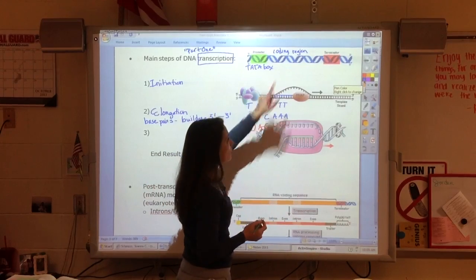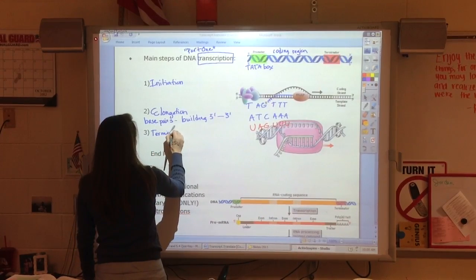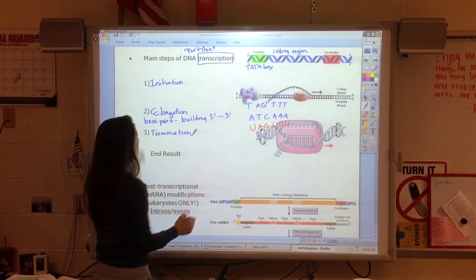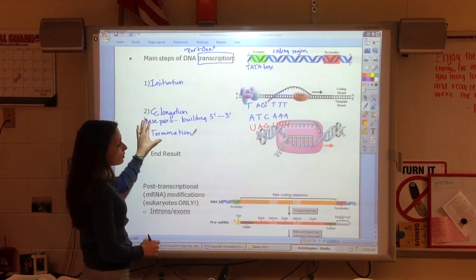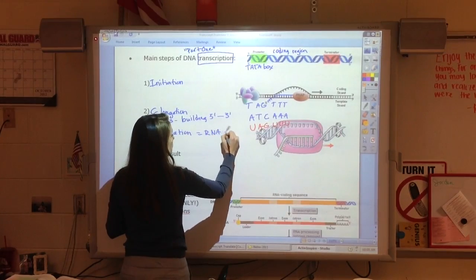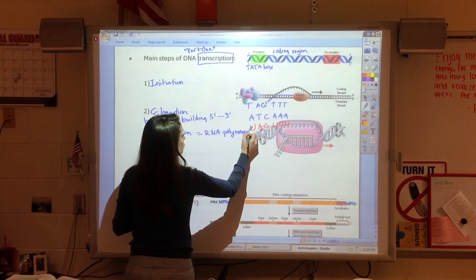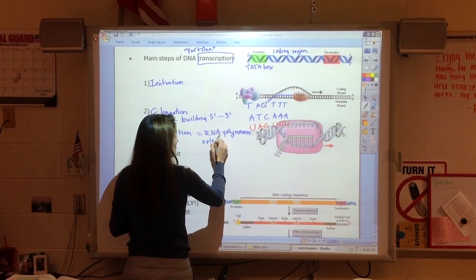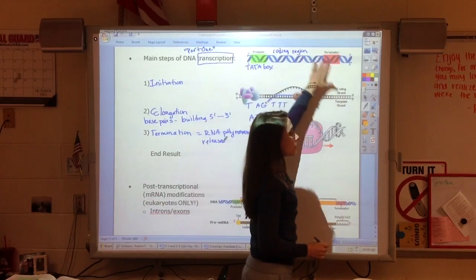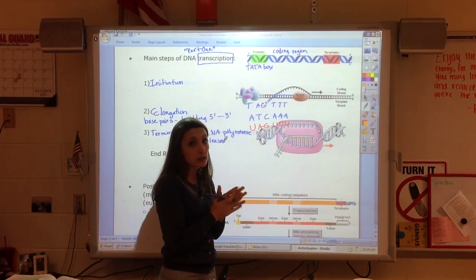And then once we reach the terminator, we get to a sequence called the termination phase. So we have initiation, elongation, termination, and RNA polymerase is going to be released. So the enzyme is released. This is still something they're really looking at, but something in this sequence down here releases or does not allow the enzyme to continue.